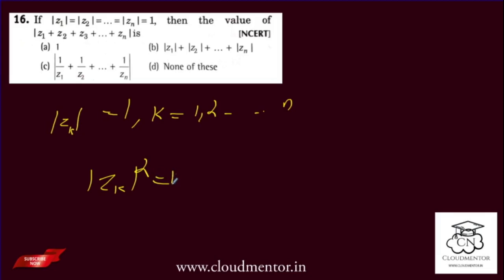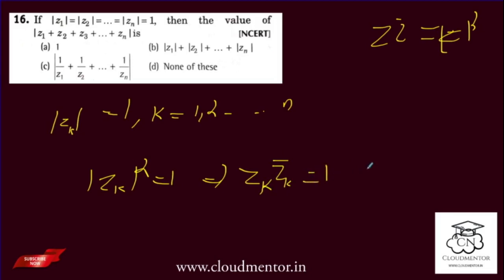It is also 1, which implies zk times zk bar is equal to modulus of z square. So I can write zk times zk bar is equal to 1, which implies zk bar equal to 1 by zk, right?